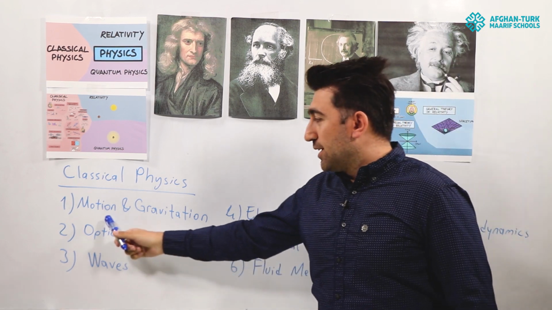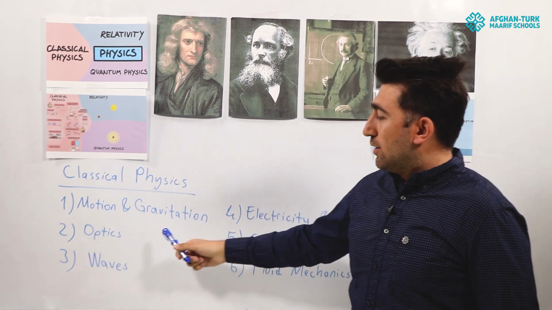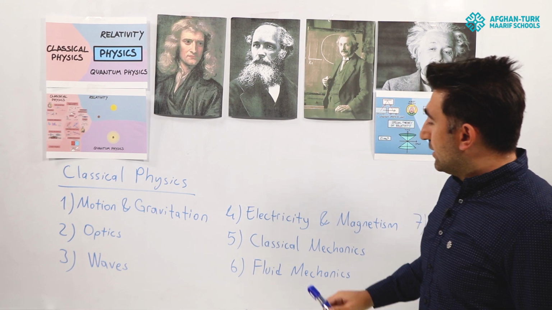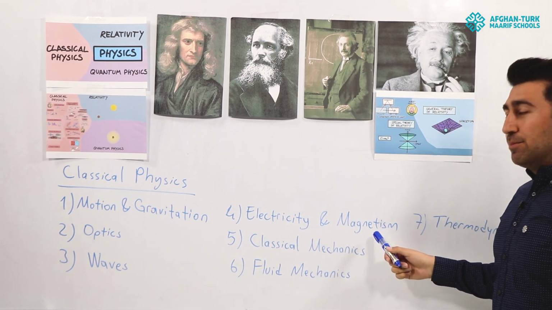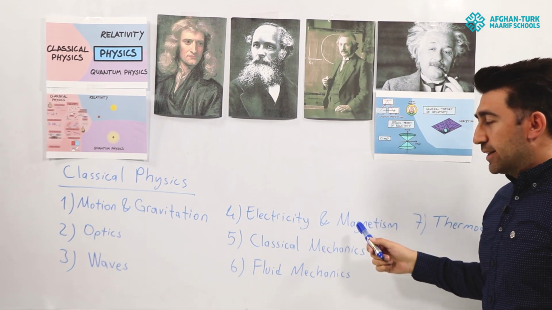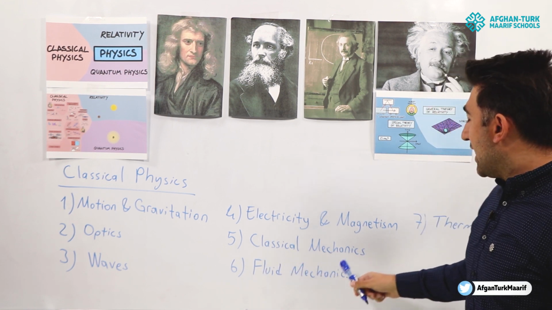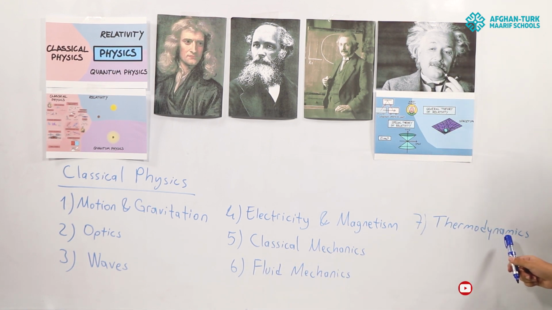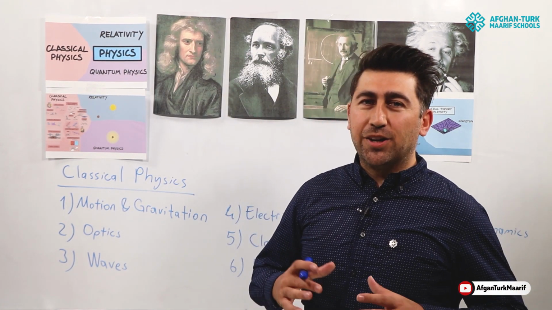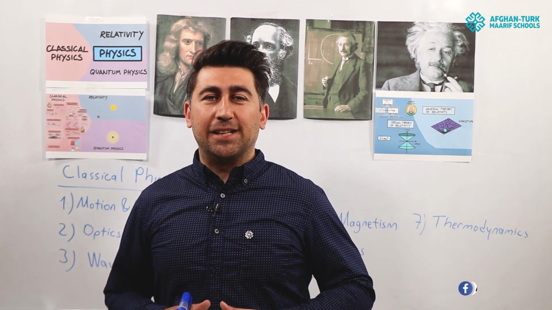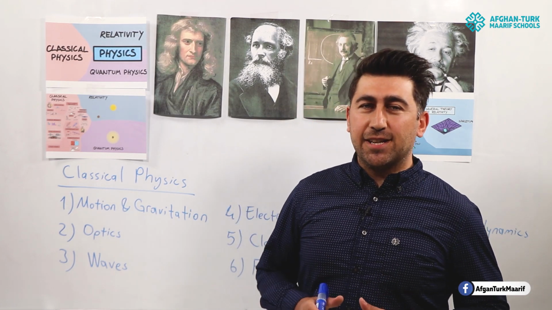The first one is motion and gravitation, then optics, waves, electricity and magnetism, or what we call electromagnetism, classical mechanics, fluid mechanics, and finally thermodynamics. Well, there is no doubt that the father of classical physics is Sir Isaac Newton.